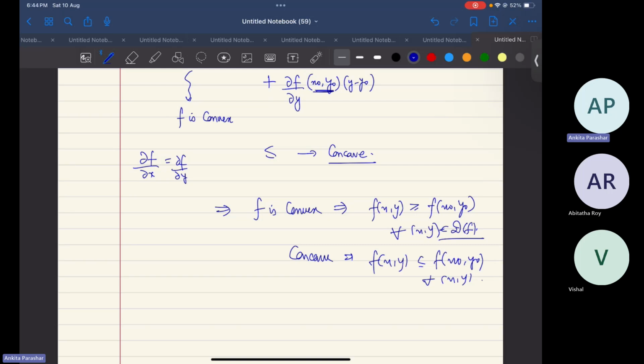Knowing that it is a critical point, you will simply choose the value f of x naught, y naught and say whether this is local maxima or minima. So clearly for convex or concave functions, the critical point will tell you the local maxima or minima. That means being a critical point is a sufficient condition, not for all functions, but at least for convex and concave.